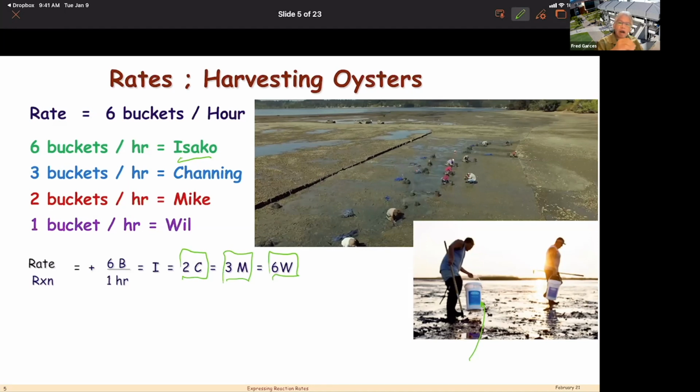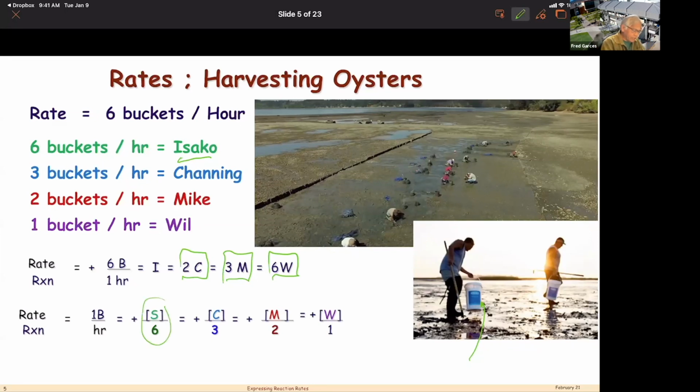You can see here how we normalize things so that we can put in an equation the relationship of each individual person to the rate by which you can collect oysters. We can also put it in this way. If we're looking at 1 bucket per hour, then it takes 1/6 of Isako, 1/3 of Channing, half of Mike, and a whole Will to do that.